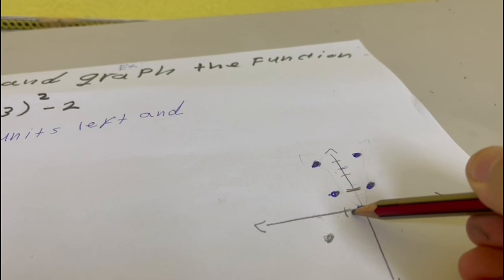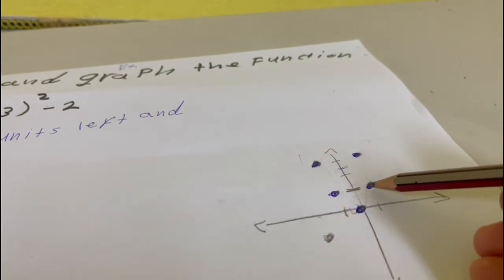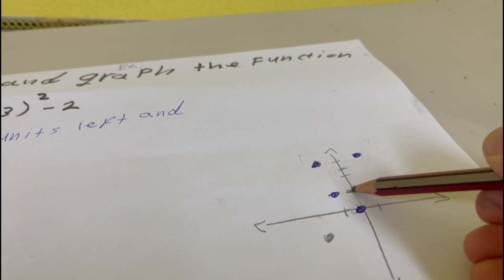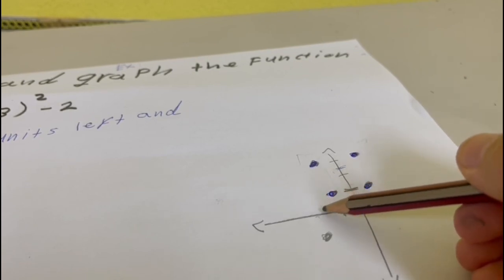We finished with this point. Now let's start with this point. Translation 3 units left, 1, 2, 3, and 2 units down, 1 and 2.